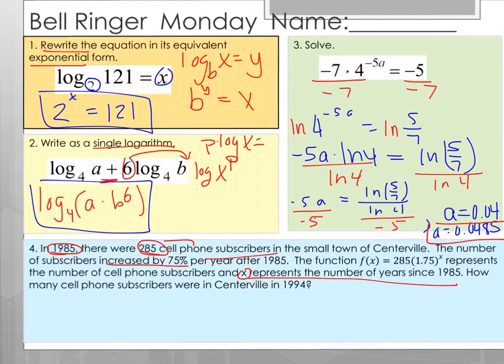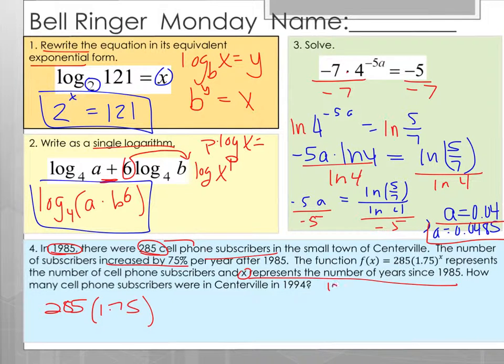So we're going to use our equation here, 285 times 1.75 to the x power, but we have to figure out what we're going to plug in for x. So we want the subscribers from 1994, but since x represents the years since 1985, we need to find out how many years after 1985 is 1994.